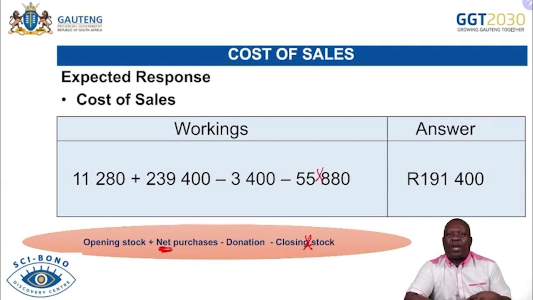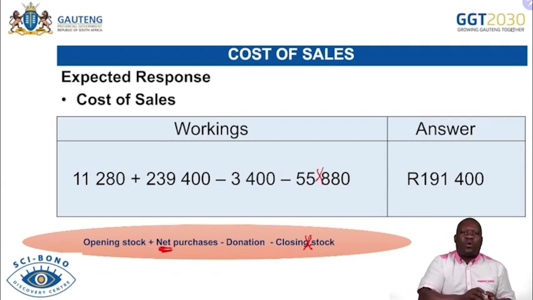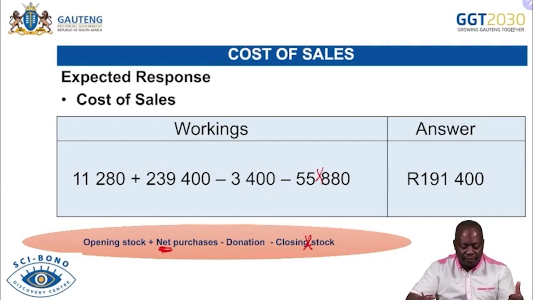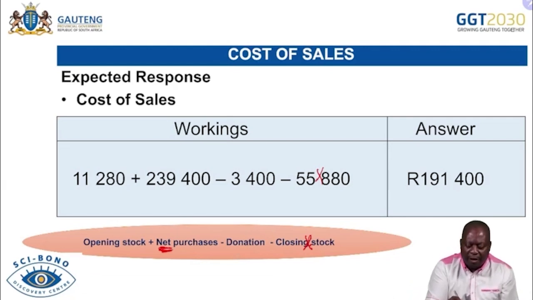Because remember, when we have got returns of goods back to the supplier, it means we no longer have them. They are no longer part of what we are going to sell, so they cannot be included in the calculation of the cost of our sales. And then we also remember to subtract donations and the closing stock.